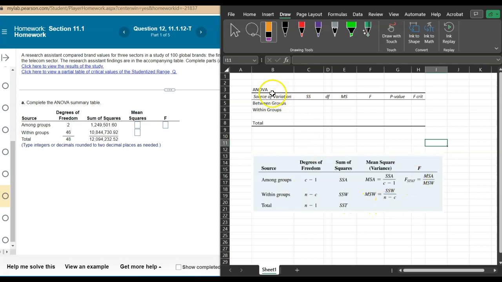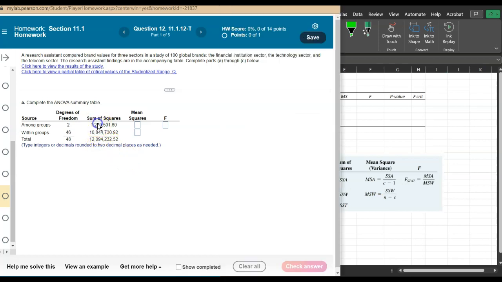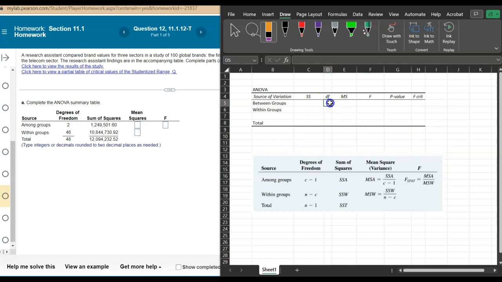So I just copied the output table for one-way ANOVA, and I'm going to fill it up, and then apply the formulas described here. Let's start with degrees of freedom. That's going to be 2 and 46.